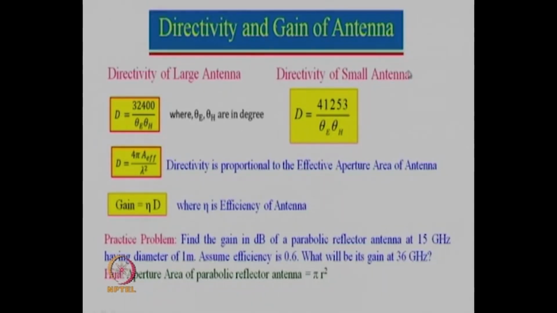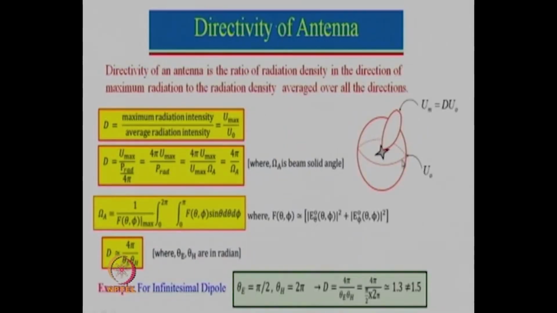Now this is okay for small antenna, but for larger antenna this is not a very good number. In fact, generally we use about 32,400 instead of 41,000. So why do we use this smaller number? When we are talking about this solid angle, we are assuming that there is only one main lobe.